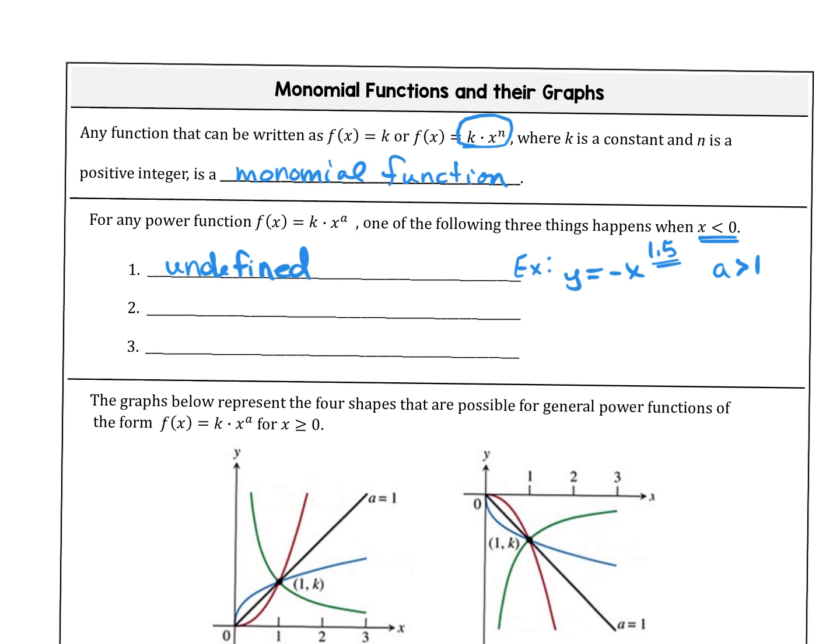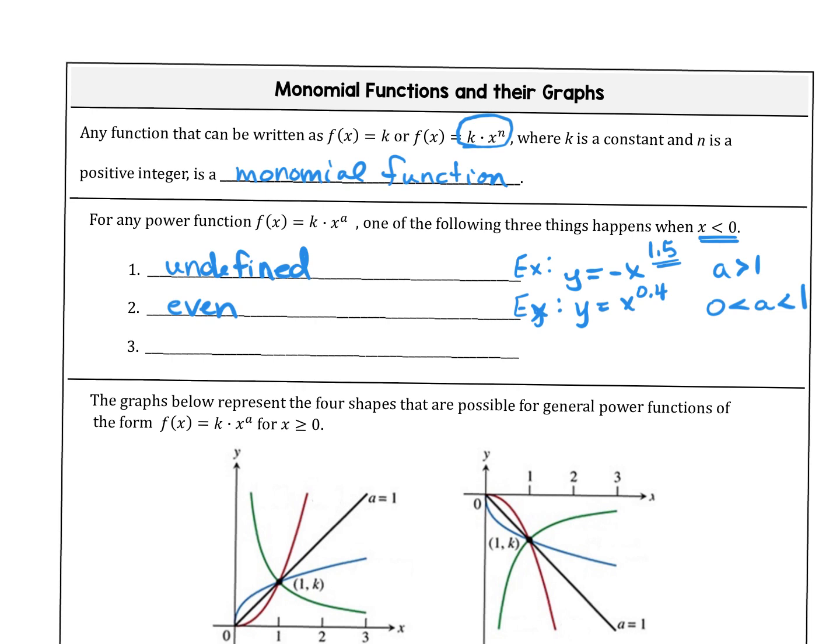It is going to be an even function if your a is between 0 and 1. So 0.4 is between 0 and 1, isn't it?